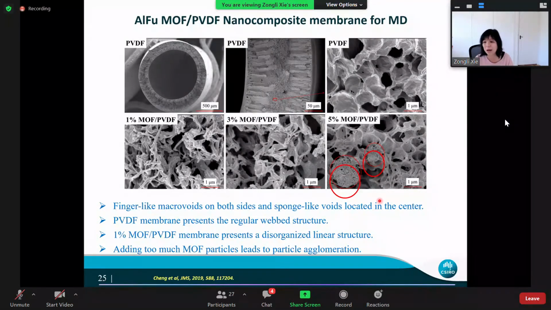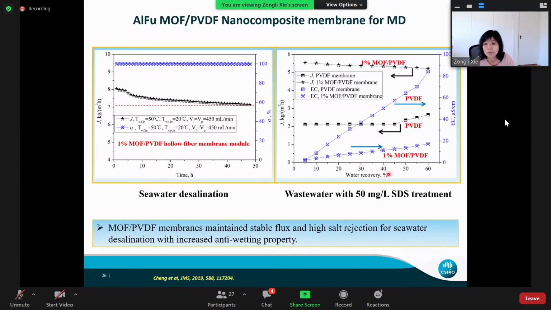And that explains why the higher loading is not good. We also tested this membrane with real seawater, and we evaluated it for anti-wetting as well. And we can achieve probably 60% water recovery.